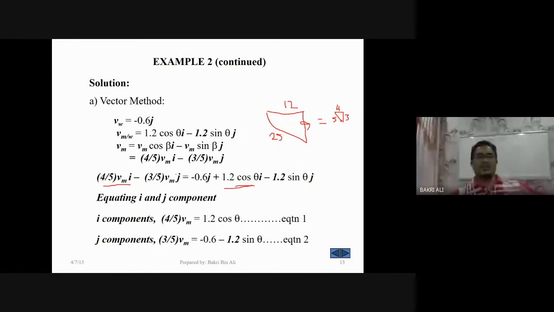And for the j, again j on the left side must equal the j on the right side. So negative 3 over 5 Vm equals minus 0.6 minus 1.2 sin theta. Two unknowns with two equations can be solved.